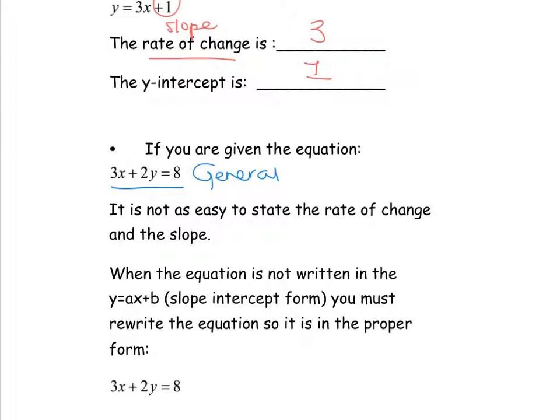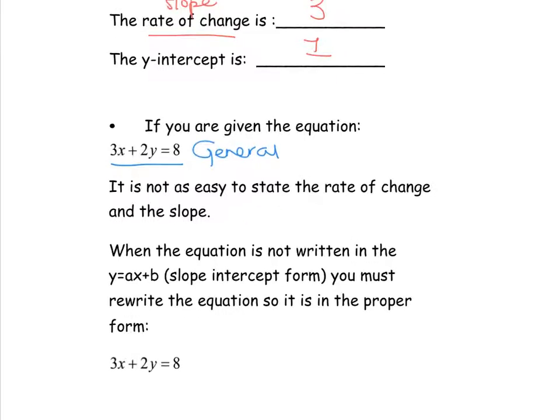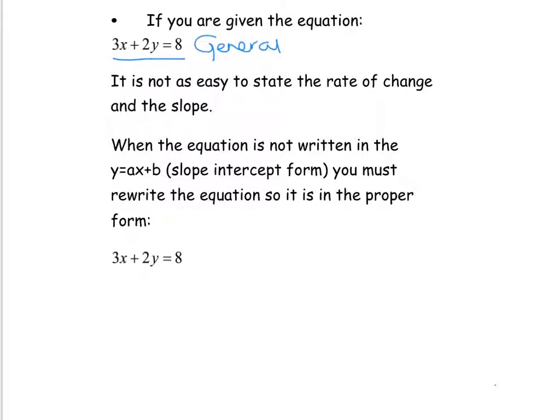Okay, so the first thing that you are going to do is put it in the proper form of y is equal to ax plus b, because that is what we're used to seeing, that is what we are used to dealing with. So y is positive, so I'm going to leave him there, and everything else is going to go across the equal sign. So I'm going to get negative 3x plus 8, because we're going to move the negative 3x to the other side of the equal sign. So he's gone.